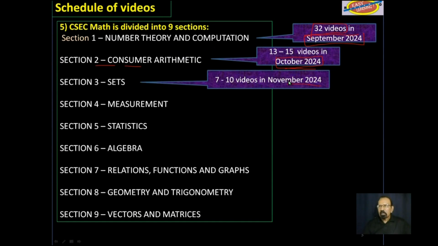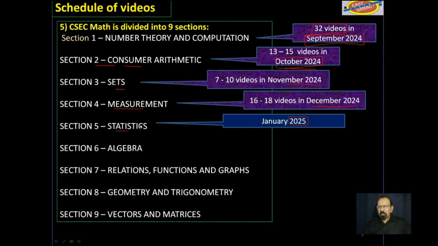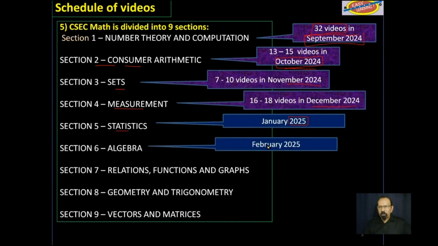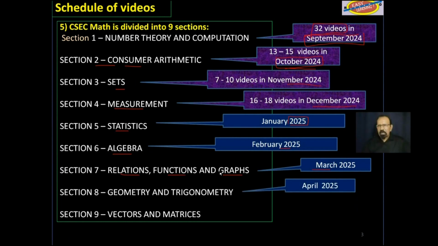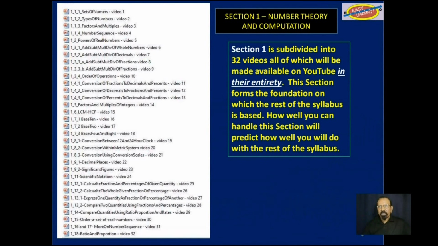Then November, sets; December, by the end of the year 2024, measurement; January 2025, statistics; February, algebra; March, relations, functions, and graphs; April, geometry and trigonometry; and by mid-May 2025, hopefully, vectors and matrices. As I pointed out before, I have divided section 1 into 32 videos.